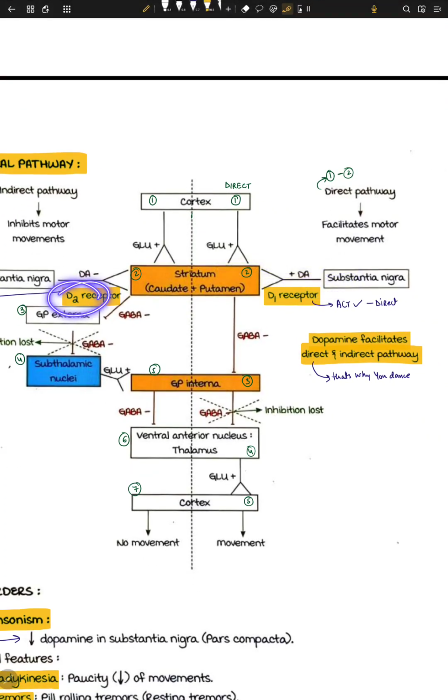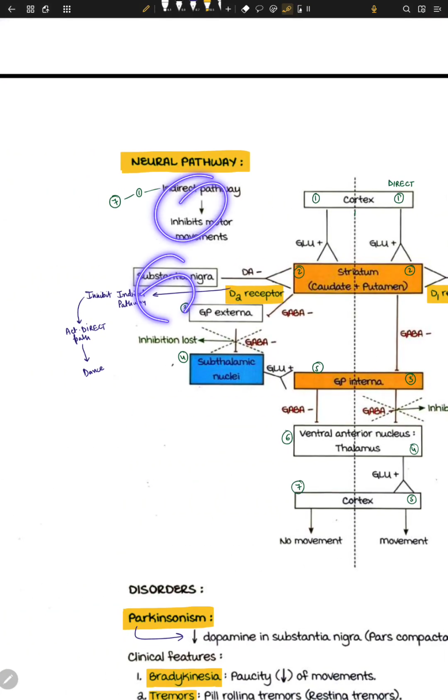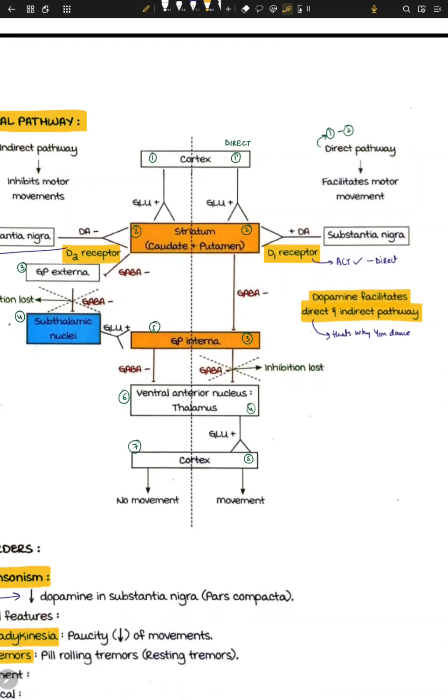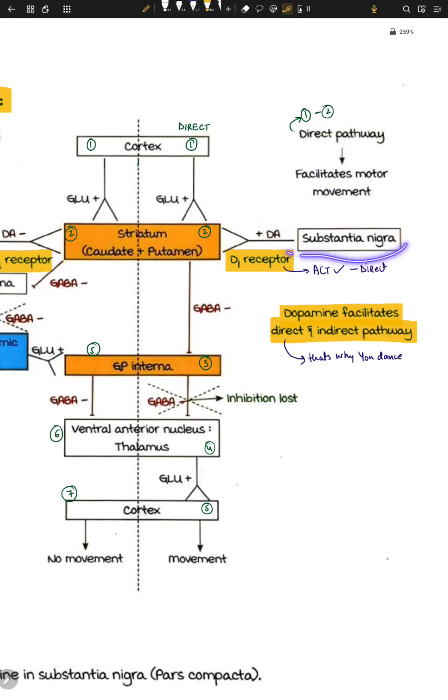D1 is in the direct pathway, D2 is in the indirect pathway, and this D2 receptor inhibits the indirect pathway. So if D2 receptor is inhibiting indirect, it means it's promoting direct. And substantia nigra via D1 facilitates as well. So movement is done. So dopamine facilitates the direct pathway and inhibits the indirect pathway.